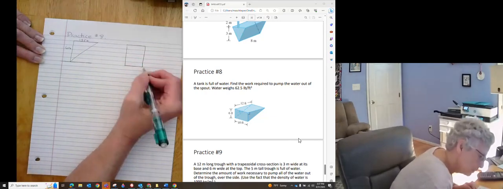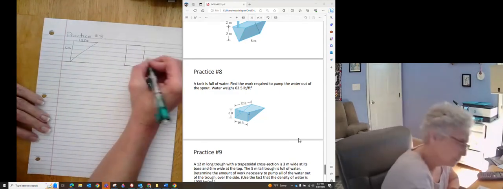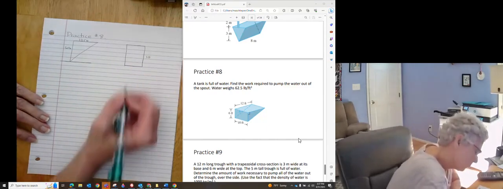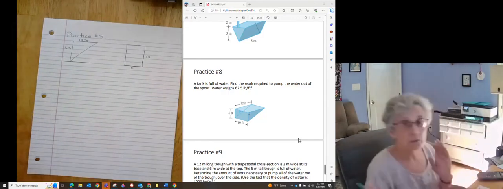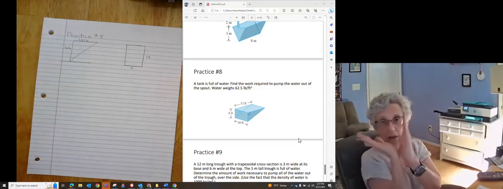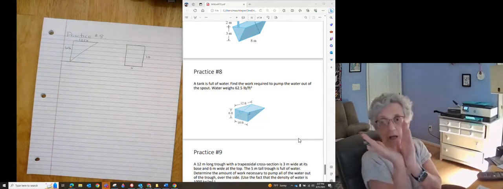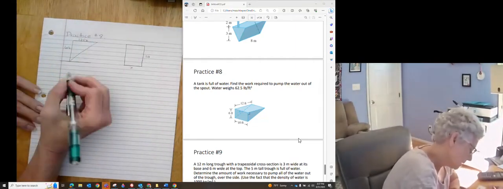The top view is a rectangle, which is 10 feet deep, and it's going to be x units wide, not 2x this time, because we have a right triangle that's living on one side of the y-axis.